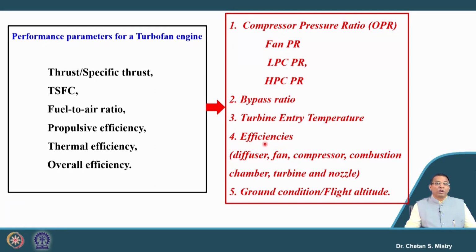And in week 2 we discussed what could be the initial assumption in terms of efficiency of all these components. So, again if you want you can revise what we mean by the component efficiencies. Then here we are discussing the flight condition, it may be ground condition. When we are flying at a particular altitude at a particular speed, that also has an impact. So, we will be discussing all these parameters on the performance of the engine.